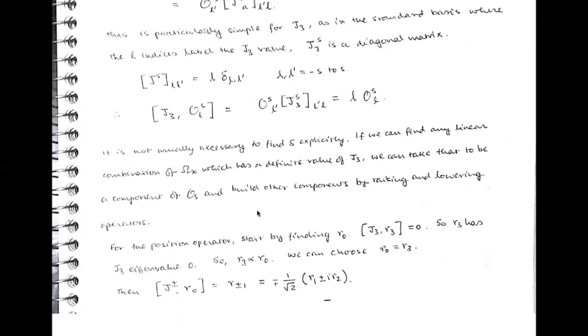So we can choose R naught equal to R3. And then the rest of the R's we can just find by raising and lowering operators, right? So that is how you can build up the whole of this particular vectorial operator, if you wish.